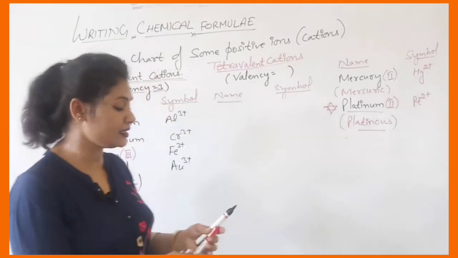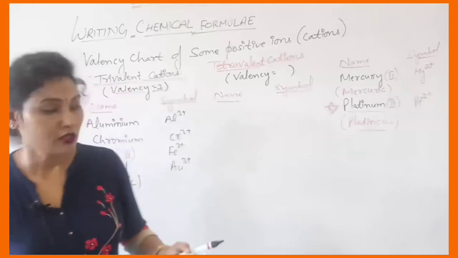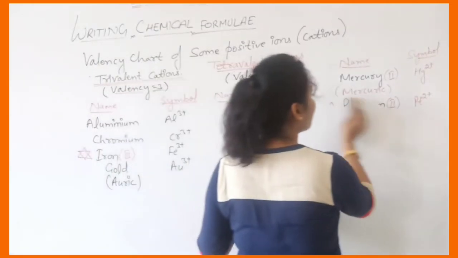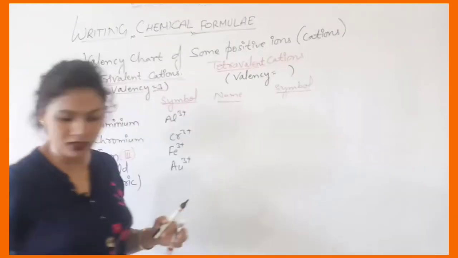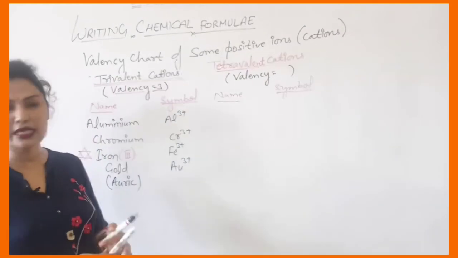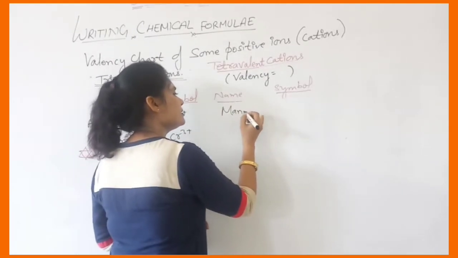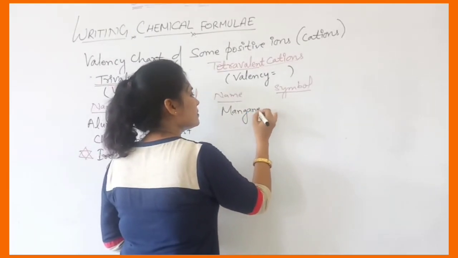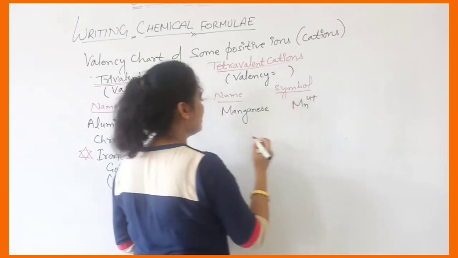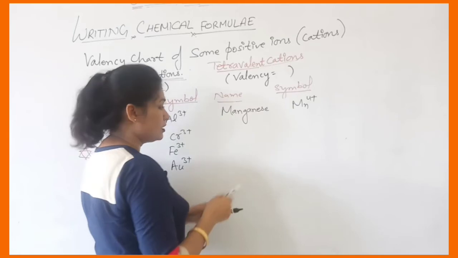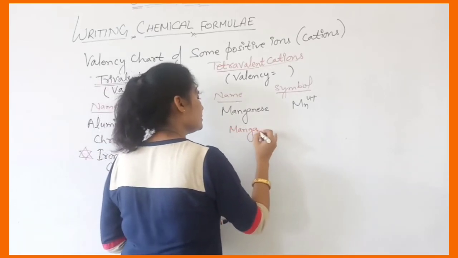So, we will also make the star for them because these have variable valency. So, we can take manganese, is Mn4 positive, and the name of this element is manganic.